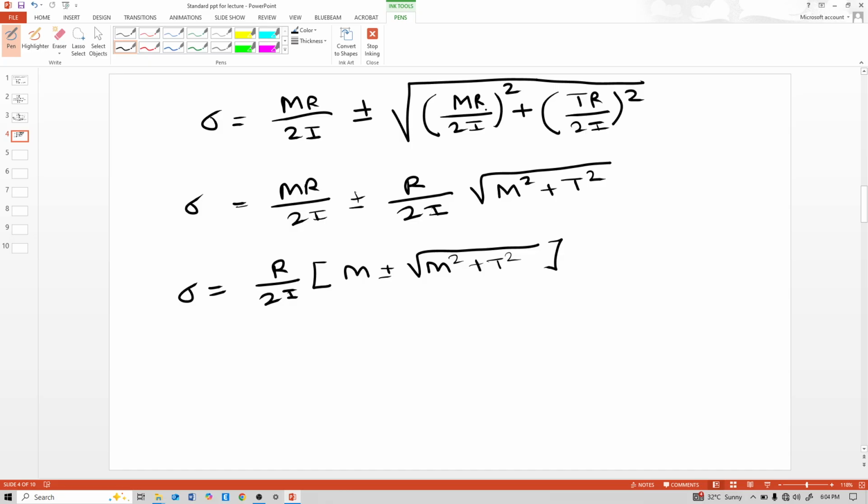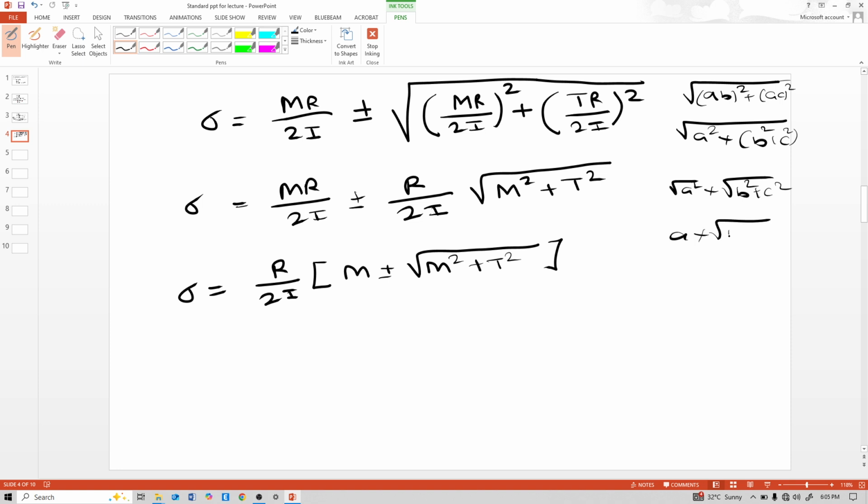See here, like this: a b square plus a c square, we take a square common and multiply by b square plus c square. A square root is a, and this b square plus c square as it is. Like this way, these terms come from this.